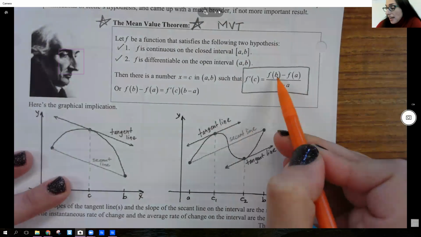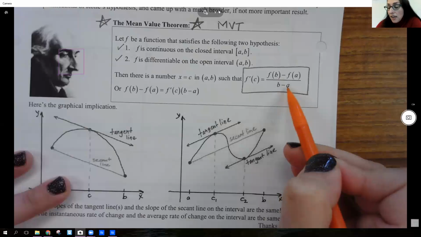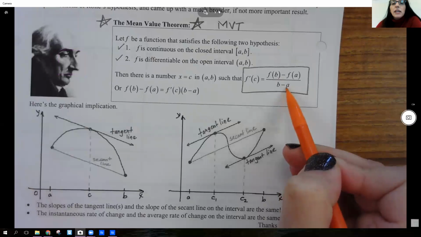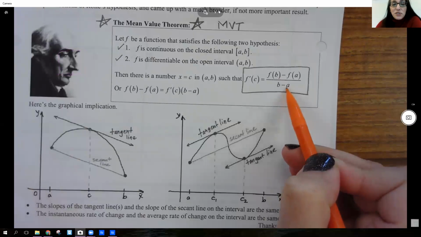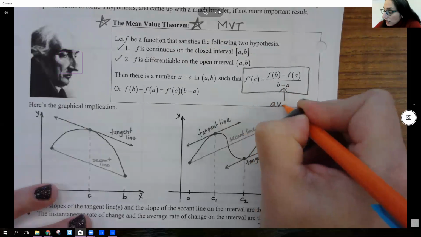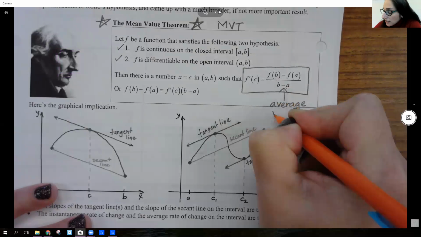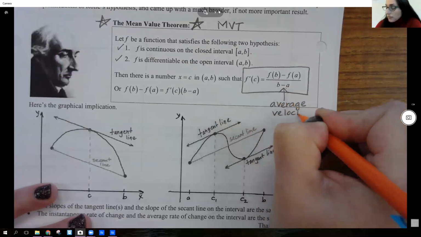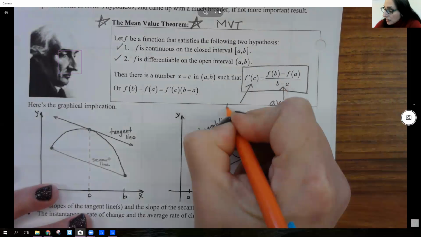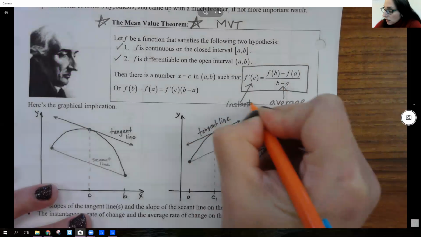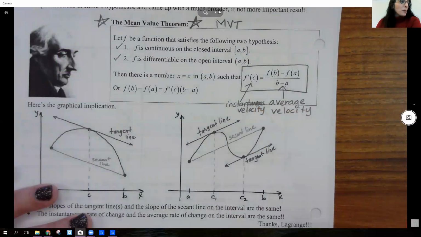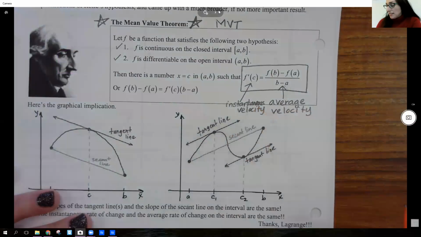F of B minus F of A all over B minus A. If you want to think of this as an application problem, like your particle motion that you just had to do the flip grid on, this represents average velocity. This represents instantaneous velocity. I say that now because I'm trying to get you ready for when we do some application problems with this.